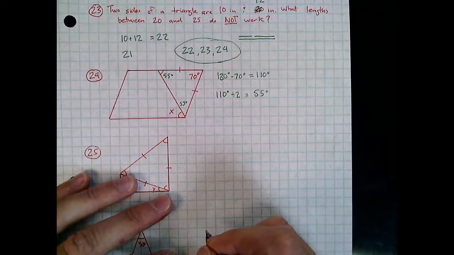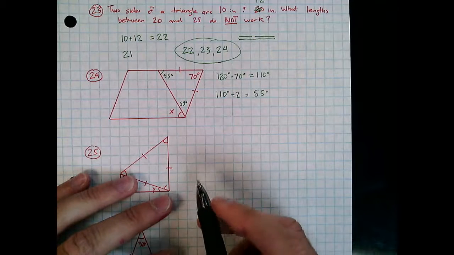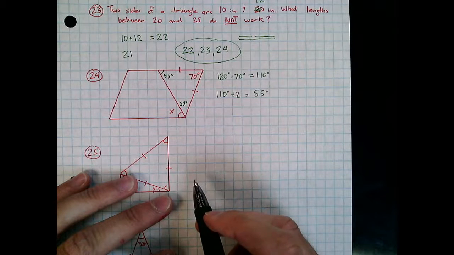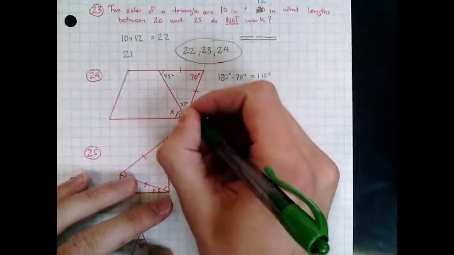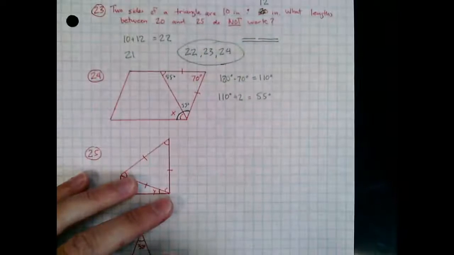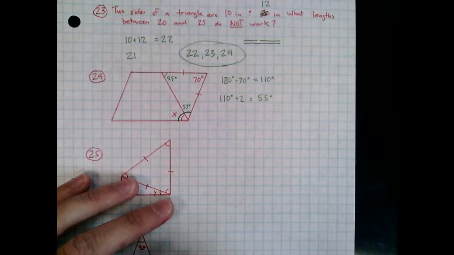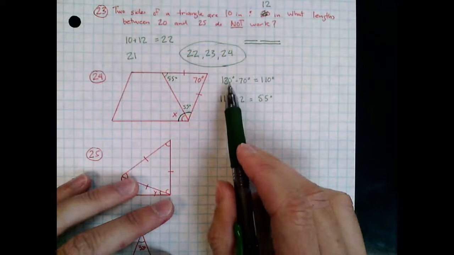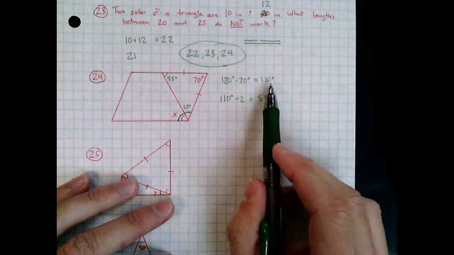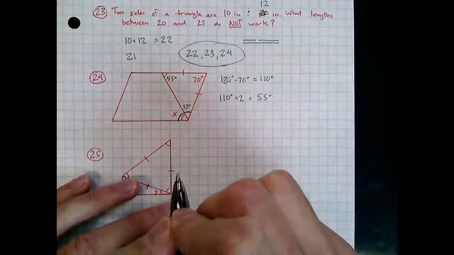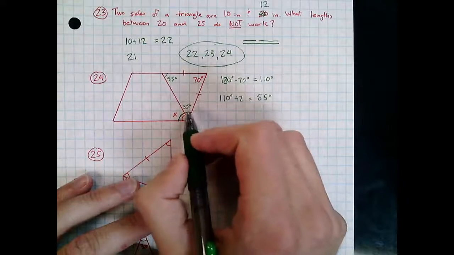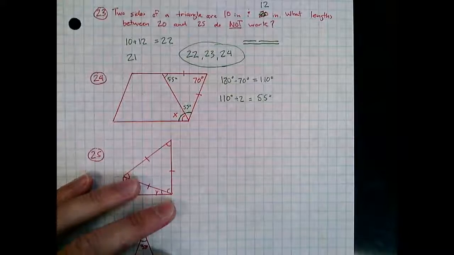How does that help me? What else do I know about angles in a parallelogram? I know that this angle plus this entire angle has to equal 180 degrees. And actually, I've already done part of that problem up here. 180 minus 70 equals 110. So this entire thing has to be 110 degrees, so that 70 plus this angle equals 180.